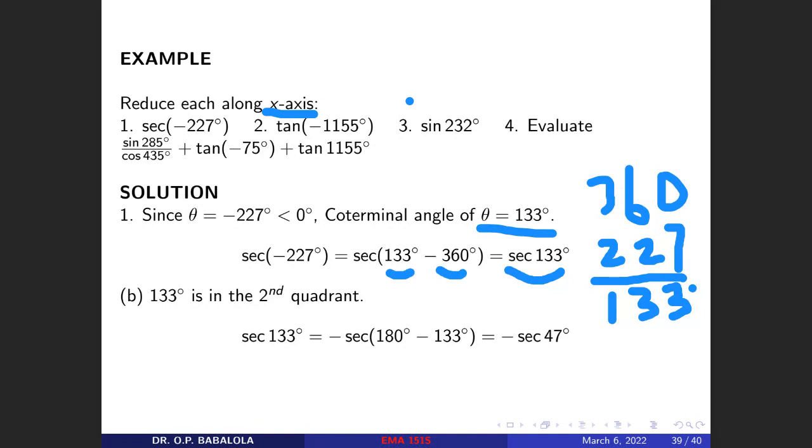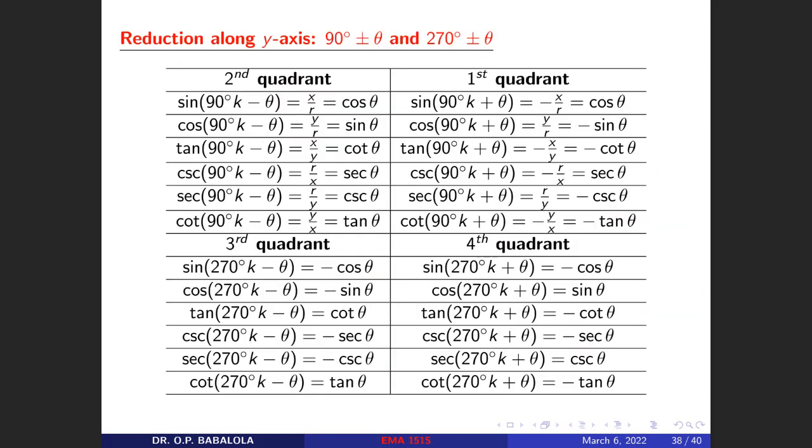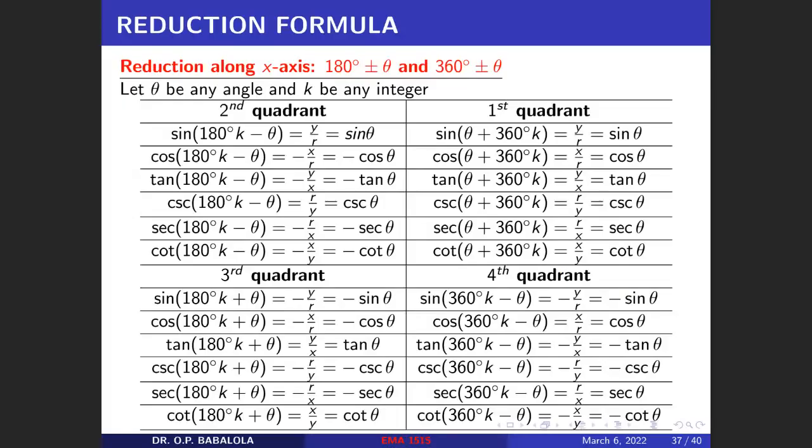So we're going back to the table along the x-axis. Which quadrant does 133 degrees fall in? Yes, quadrant 2.